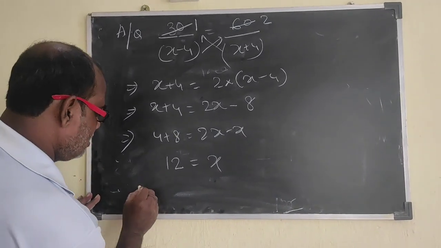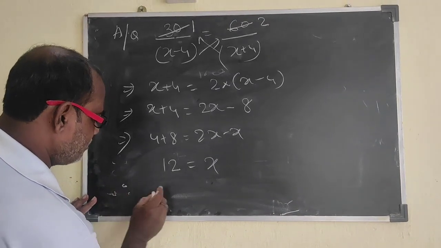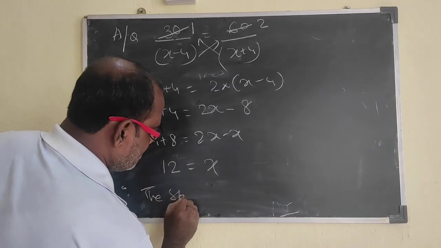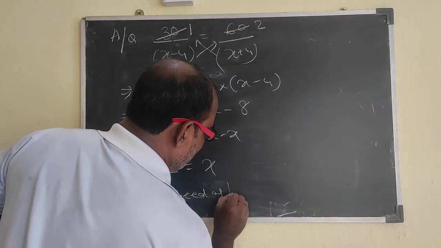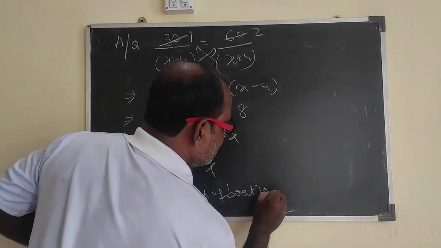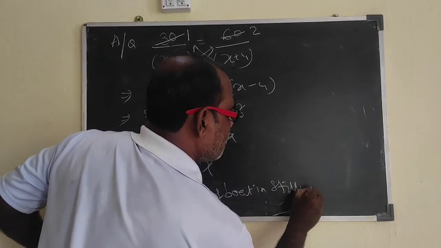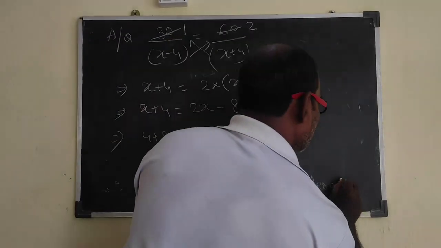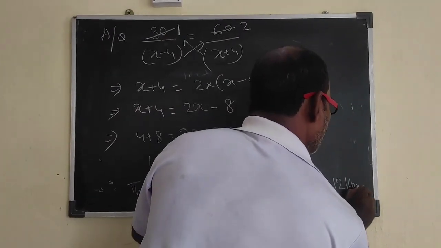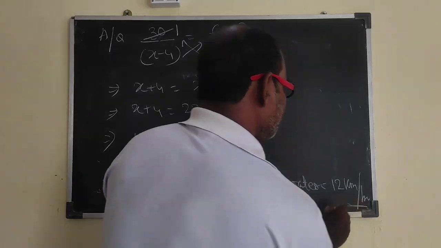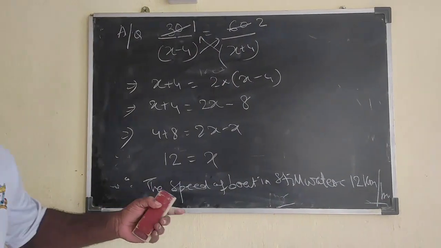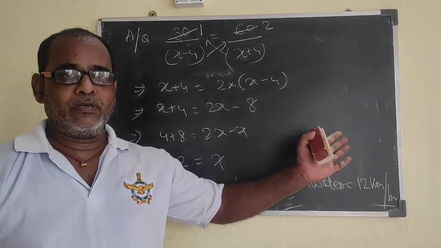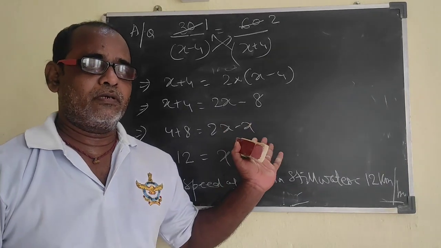Therefore, your answer will be: the speed of the boat in still water is equal to 12 kilometers per hour.